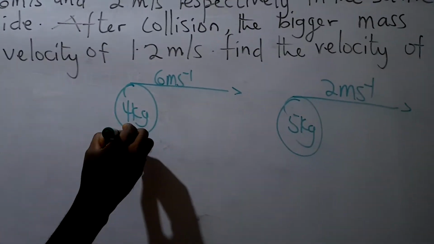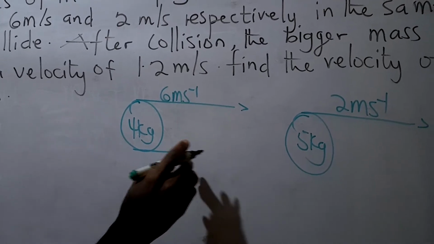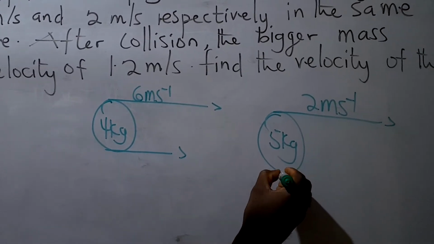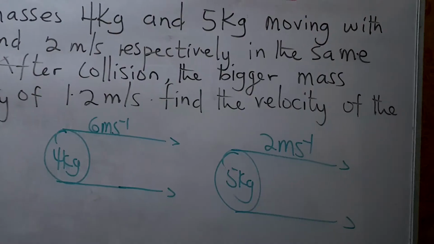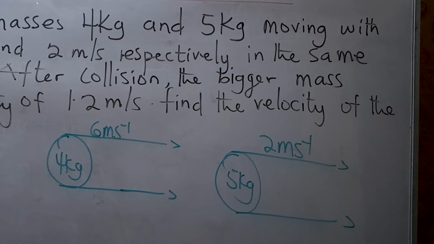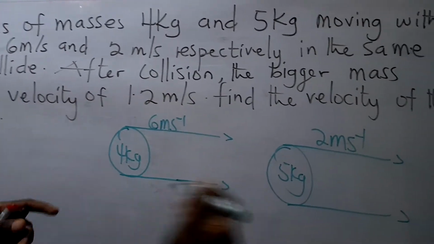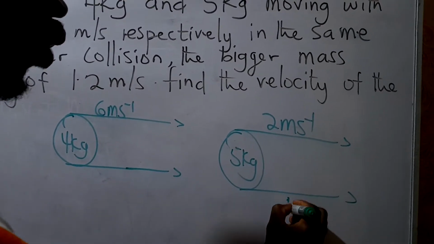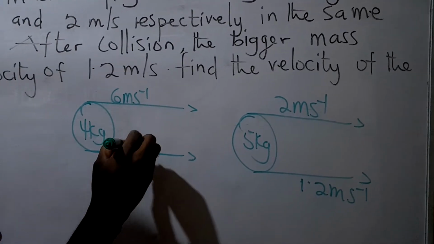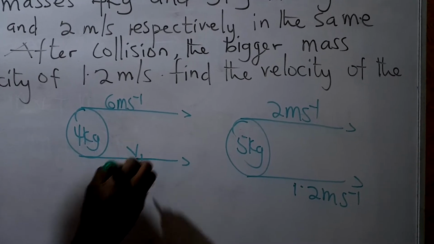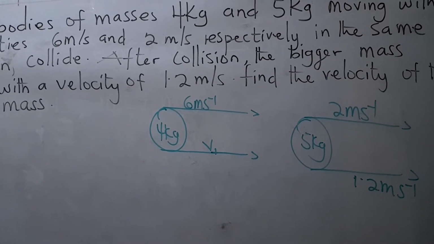So after collision, they say the smaller mass. Which is the smaller mass? This is the smaller mass. After the collision, the bigger mass moves with a velocity of 1.2, so this is 1.2 meters per second. Now we don't know the velocity of the smaller mass. That's why they're asking us to find it.